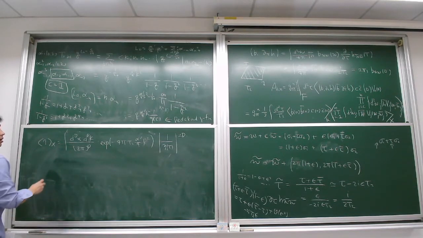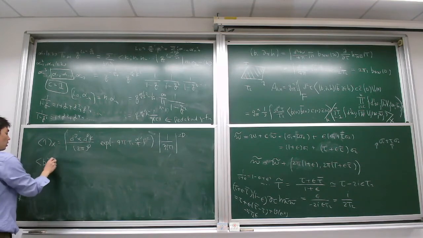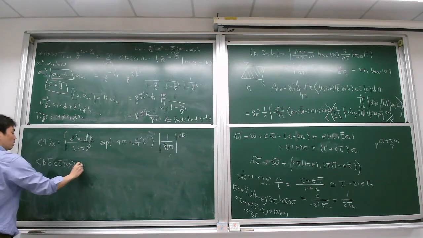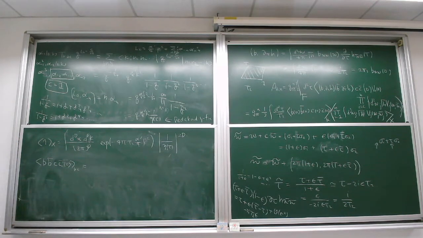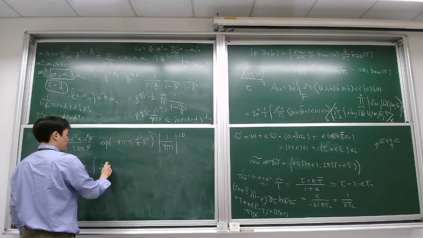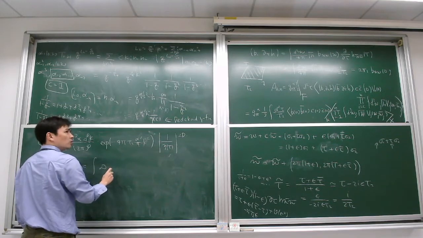Okay, so now we need to evaluate the ghost correlator with BB bar, CC bar insertions. So now here we just consider the same thing. Let's see, which order of the path integral is correct?